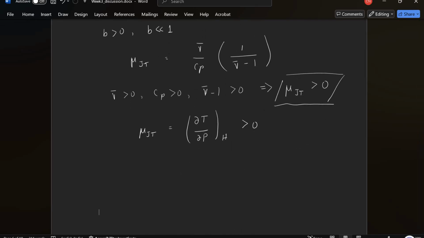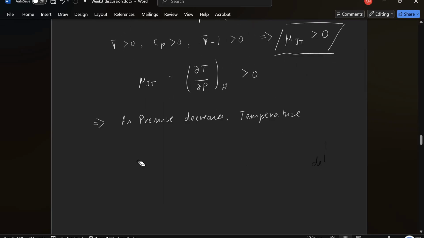So as pressure decreases, as happens in the Joule-Thomson process, the temperature also decreases, which means the gas cools down.